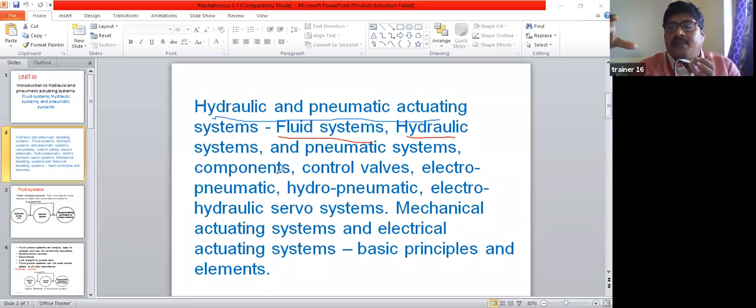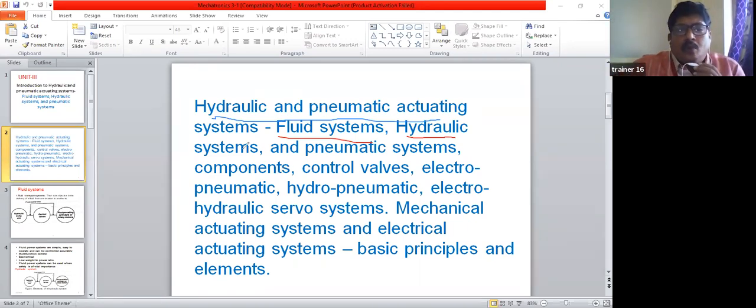That means it converts the oil, which is in the form of energy, into mechanical energy. And in a pneumatic system, air is the energy that converts into mechanical motion.